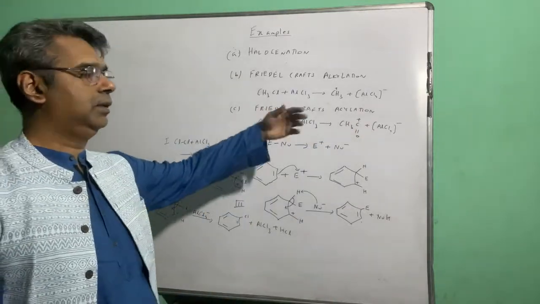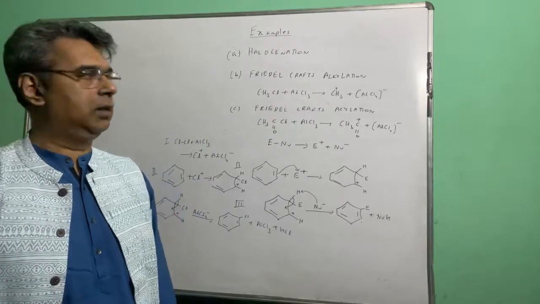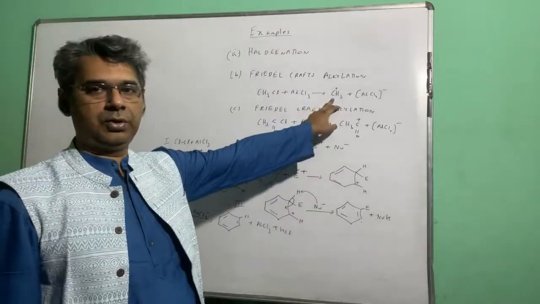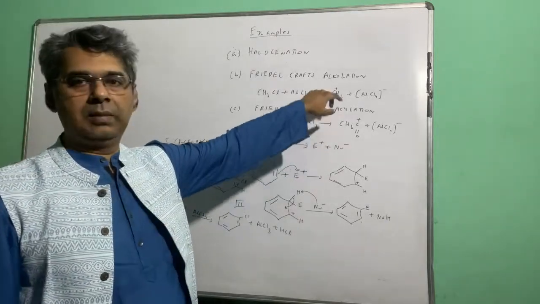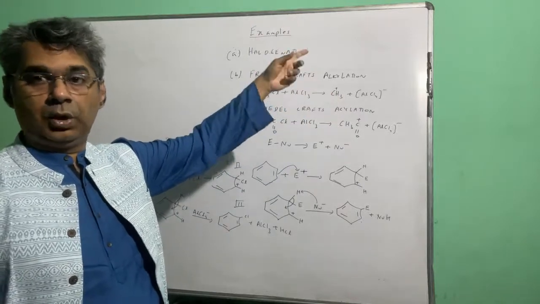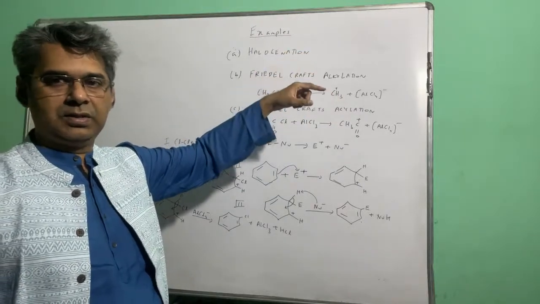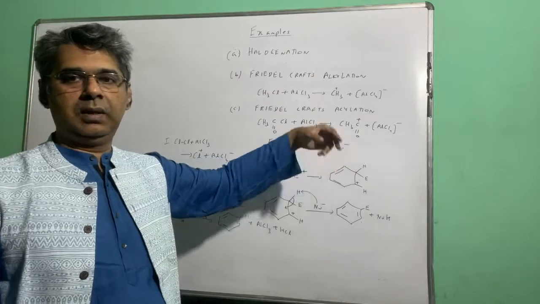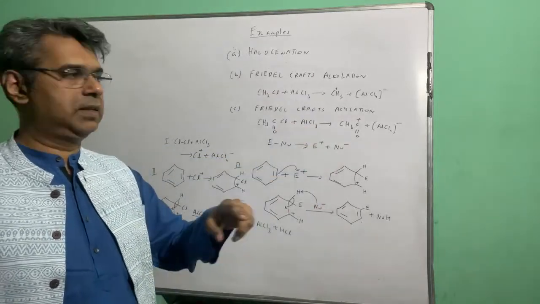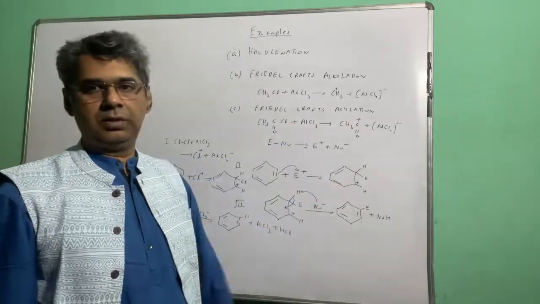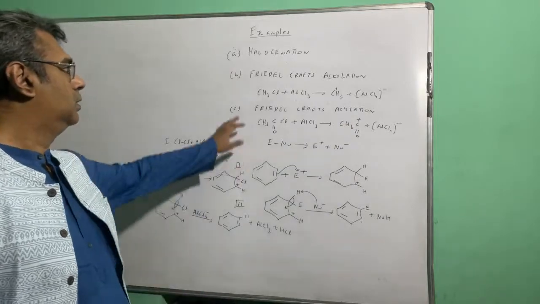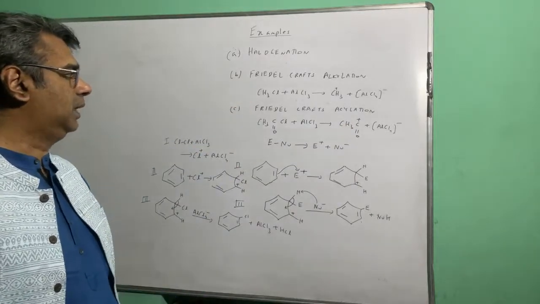So I think you can now understand what the final product will be, because I have shown the electrophile. With benzene, CH3 gives toluene, and CH3CO gives acetophenone, benzene with CH3CO. So that is number B and number C.